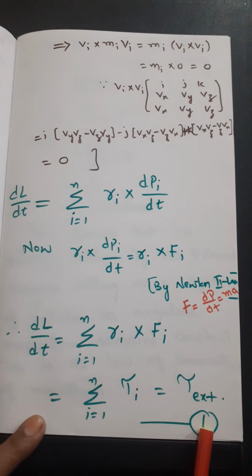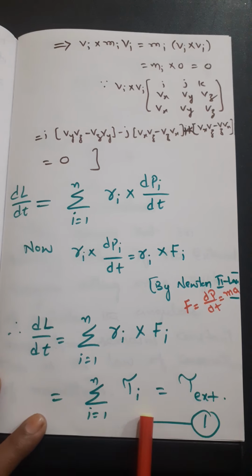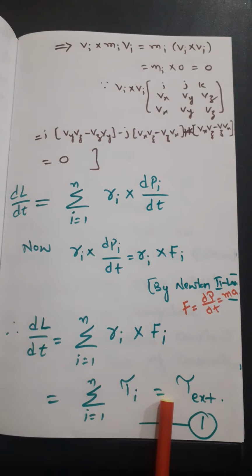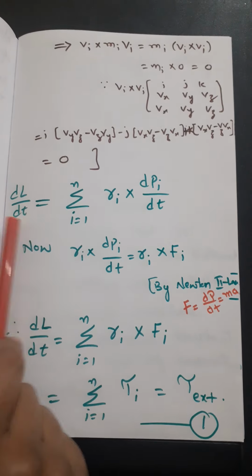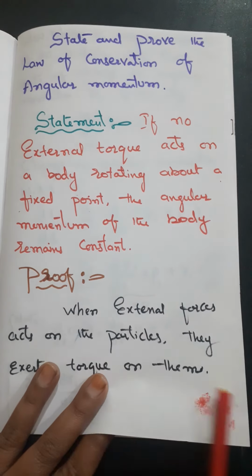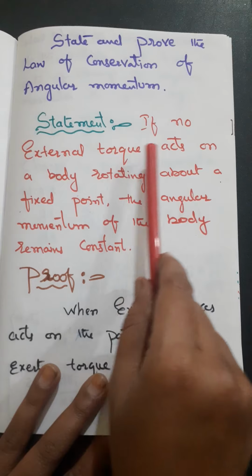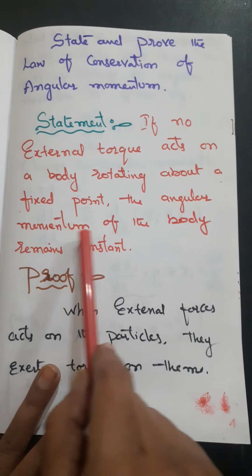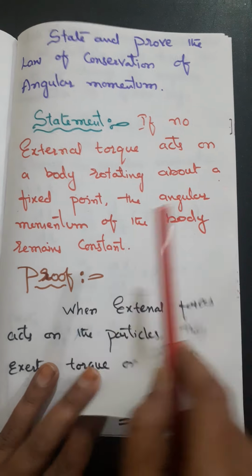Okay, let us take this as equation number 1. Now what is our statement? This external torque is equal to 0. At that time dL by dt will be 0, that is L remains constant. If no external torque acts on a body, then the angular momentum of the body remains constant.